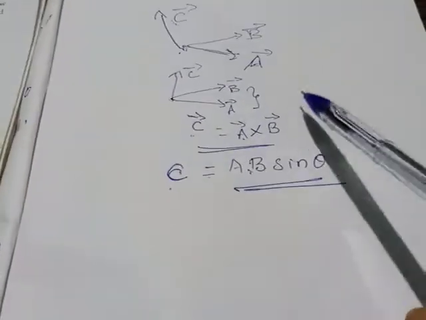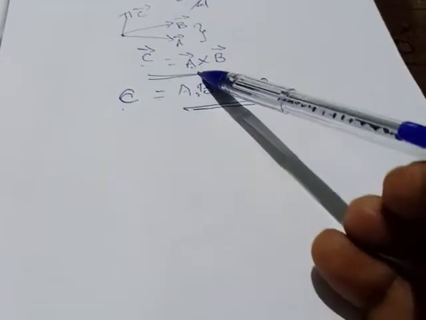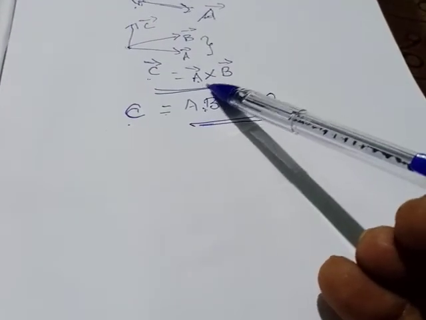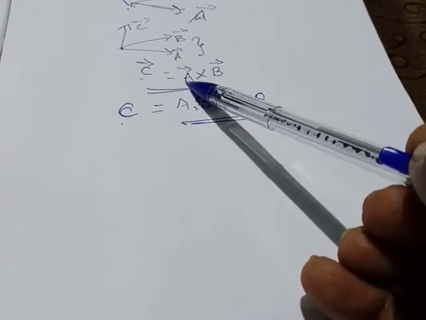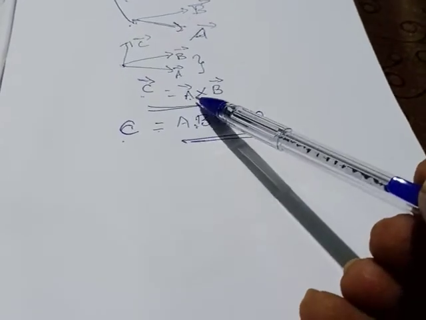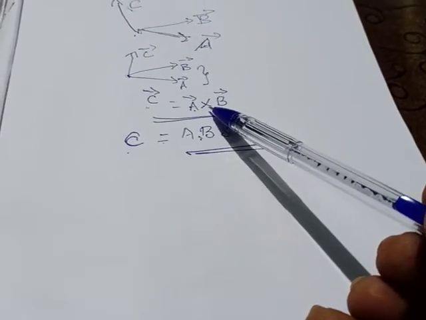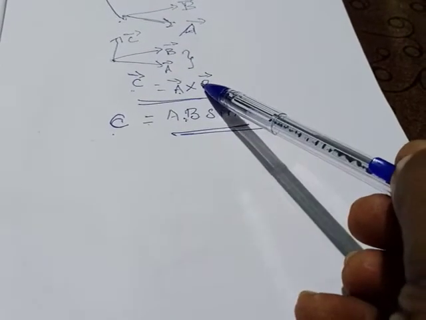This is what I explained here also. This is the vector product or cross product, A vector cross B vector.